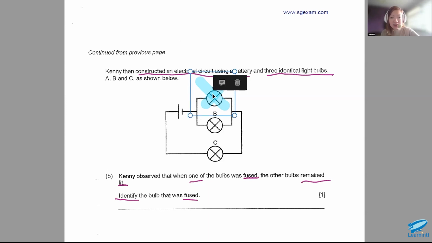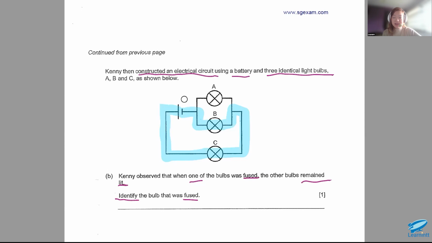Let me remove this very quickly, and then let's see how it's going to move through. I'm going to have electricity moving like this. Make sense? Now, it does make sense that when one bulb fuses, the other bulbs remain lit. So I'm just going to write down that I tried A and it works.